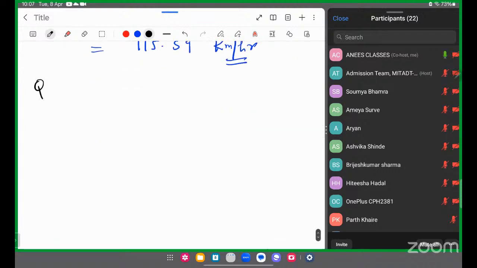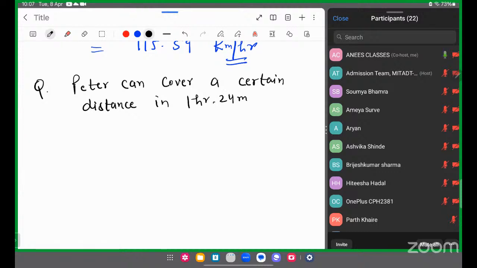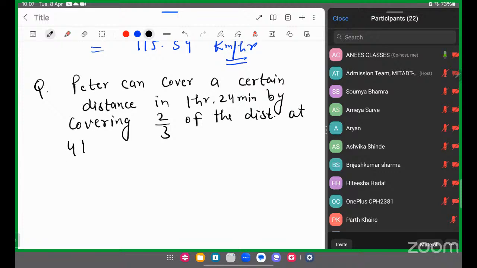Next question is: Peter Parker can cover a certain distance in 1 hour 24 minutes by covering two-third of the distance at 4 kmph, which means 4 kilometer per hour, and the rest at 5 kmph.